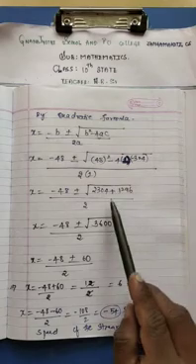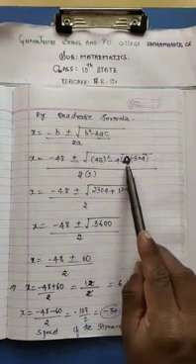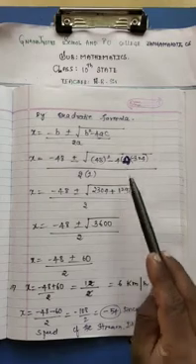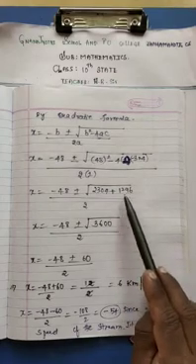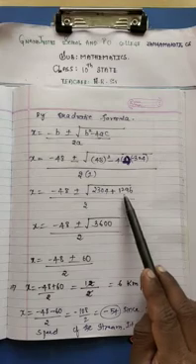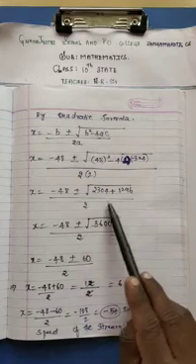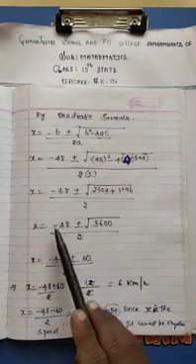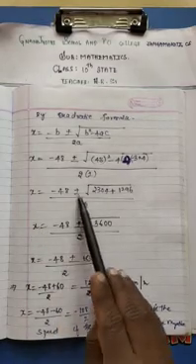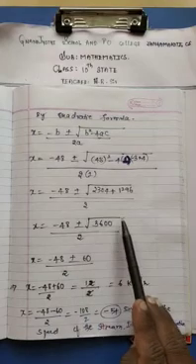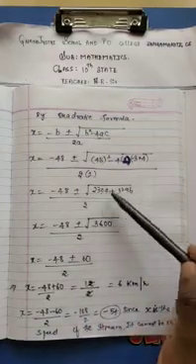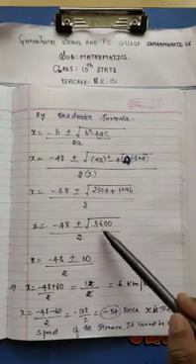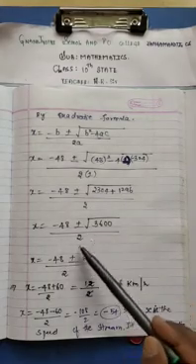Minus into minus is plus, so 4 ones are 4. When we multiply 4 into 324, we get 1296, whole divided by 2 ones are 2. Therefore x is equal to minus 48 plus or minus square root of, when we add these two, we get 3600, whole divided by 2.